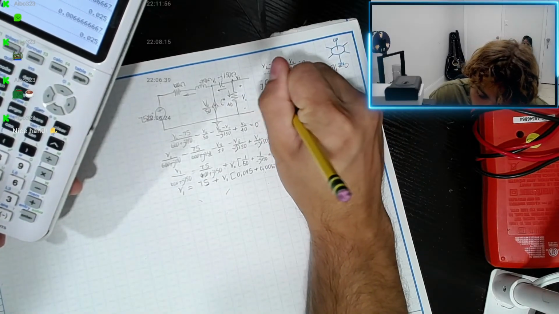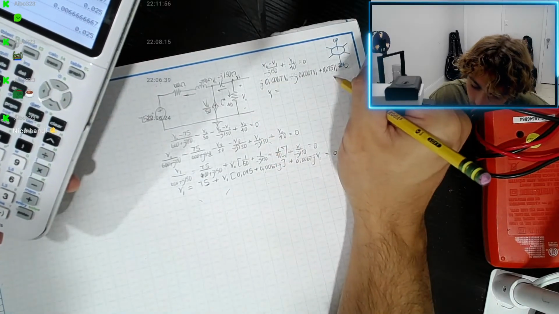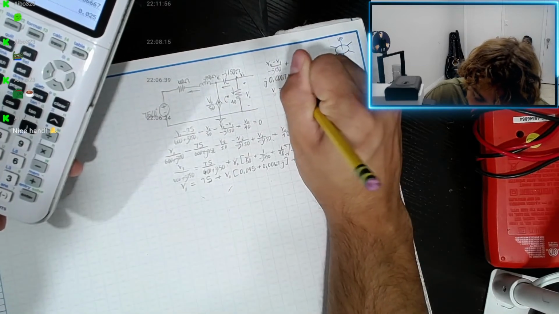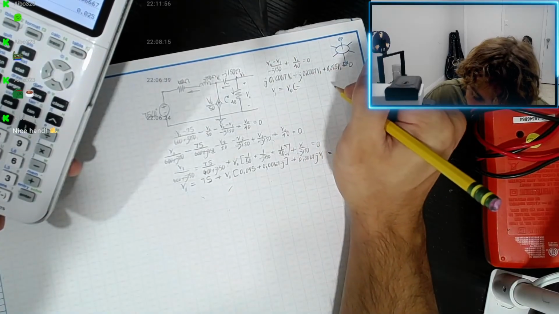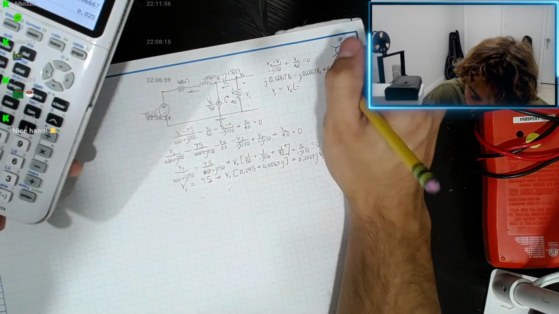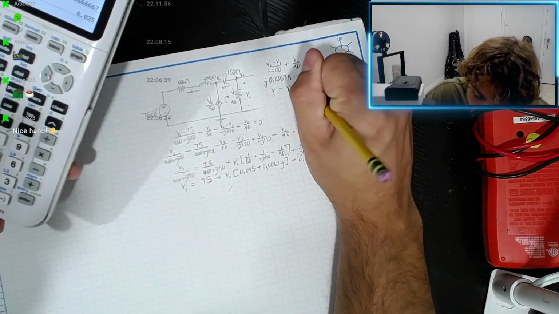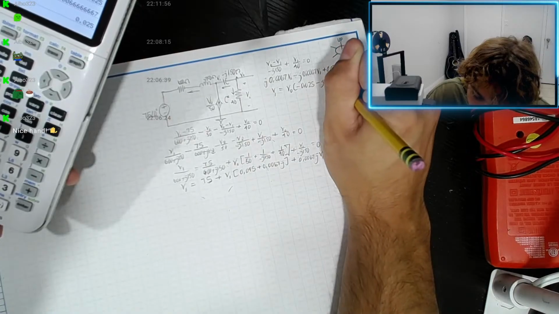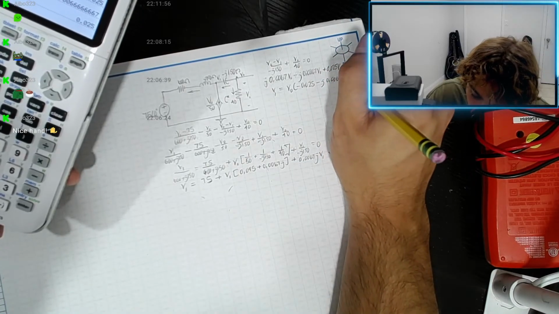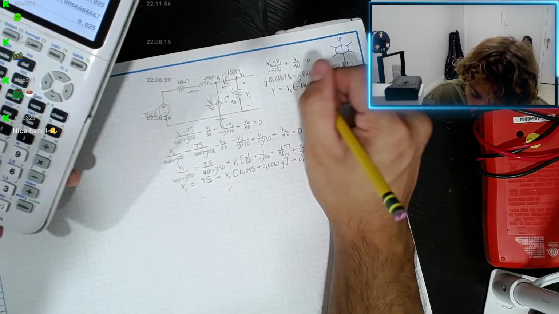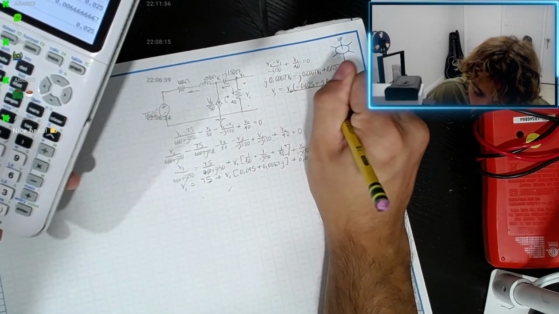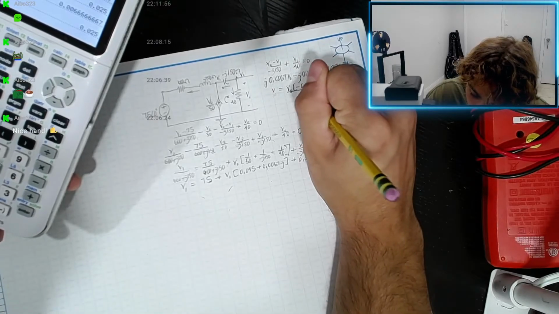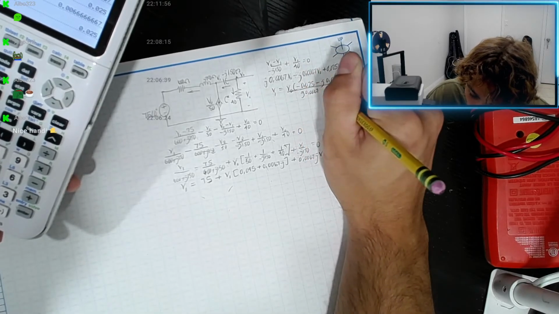Okay, so just add it to that side. V1 equals minus V out, negative 0.025, minus J 0.0067, divided by J 0.0067.